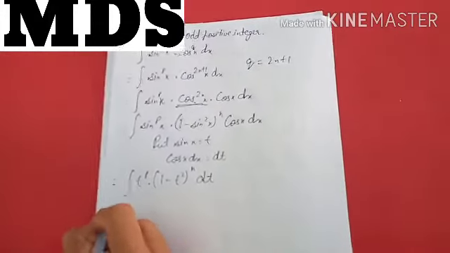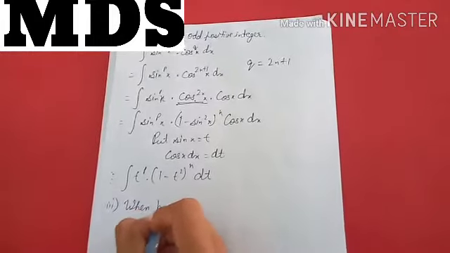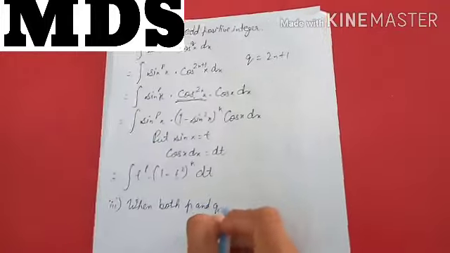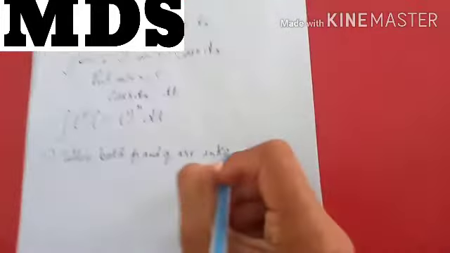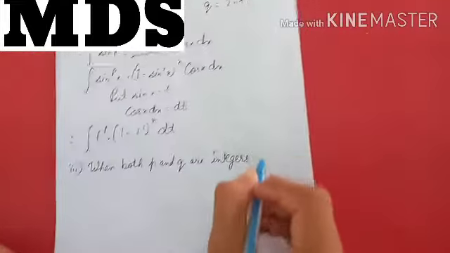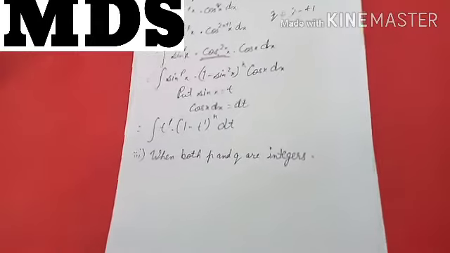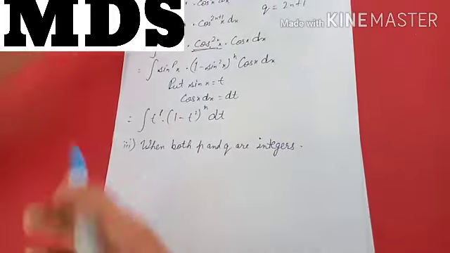Now third is when both p and q are odd integers. If this type of question is given to us, then it is our choice which one we want to convert into even power.